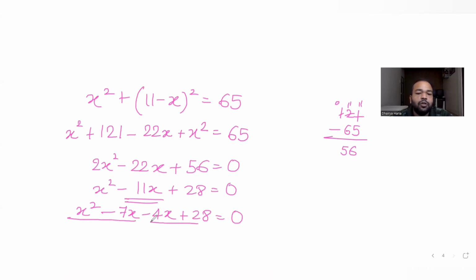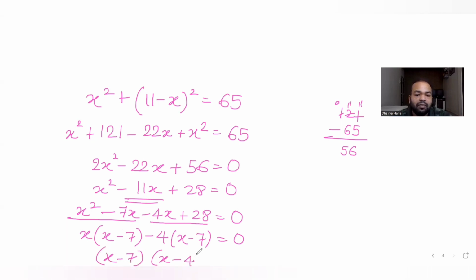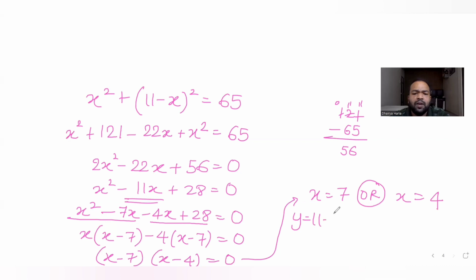Taking x common from the first two terms and minus 4 common from the next two, x minus 7 into x minus 4 is equal to 0. So x is equal to 7 or x is equal to 4. If x is 7, y becomes 11 minus 7, that is 4. Or if x is 4, y is 11 minus 4, that is 7. So the two observations are 7, 4 or 4, 7.